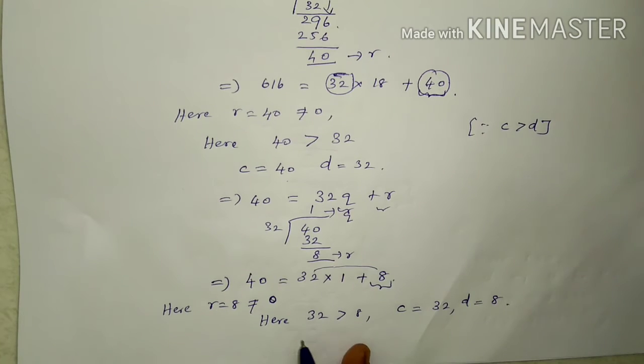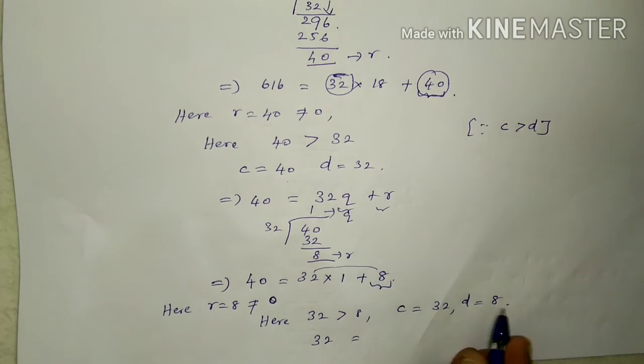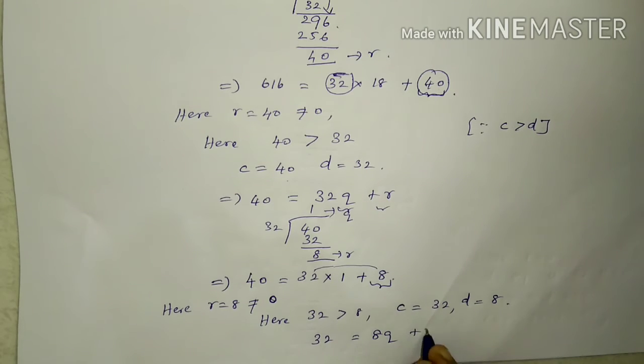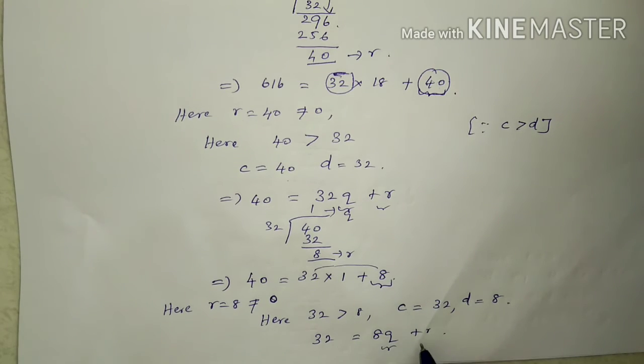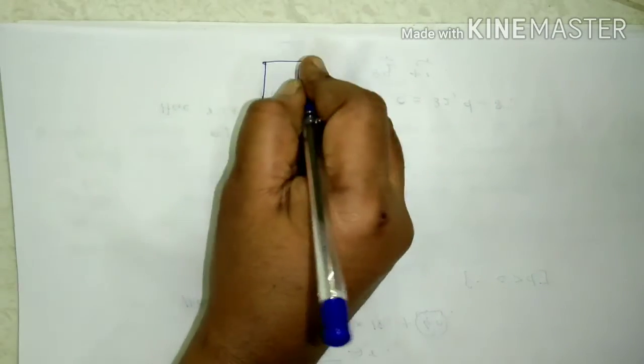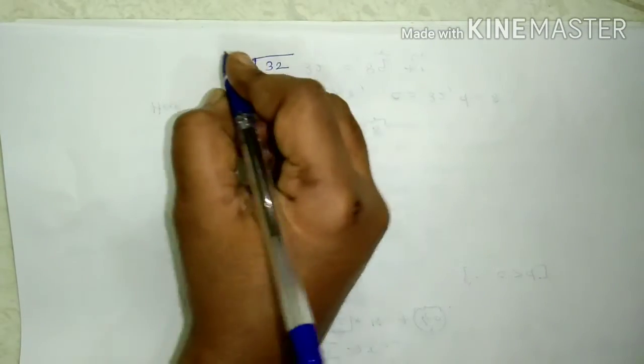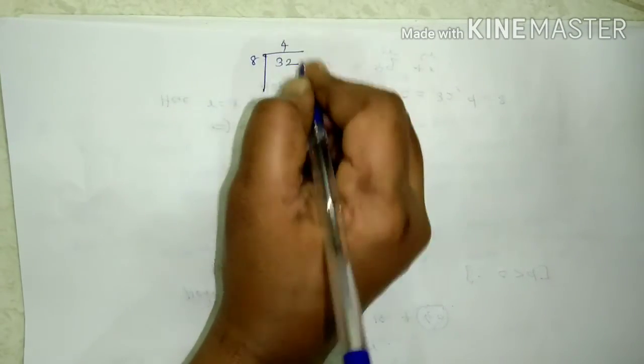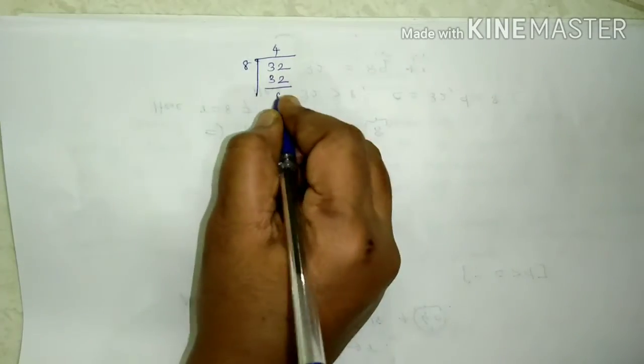So we can write 32 equal to 8 into Q plus R. To find the values of Q and R, we divide 32 by 8. Here 4 times, so 32, remainder 0.